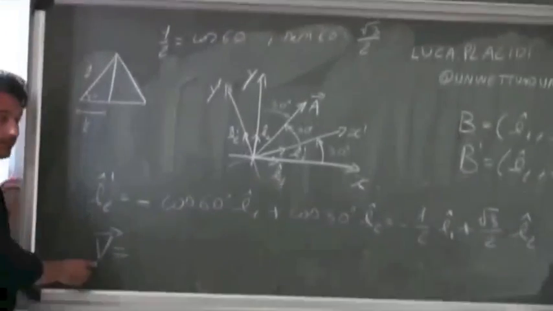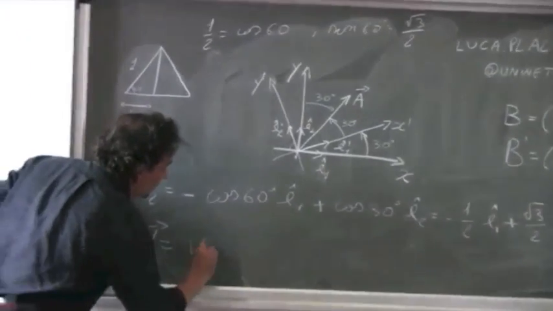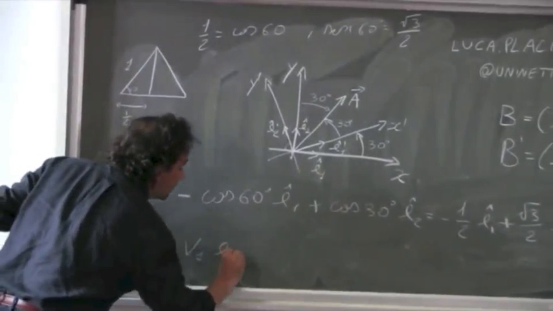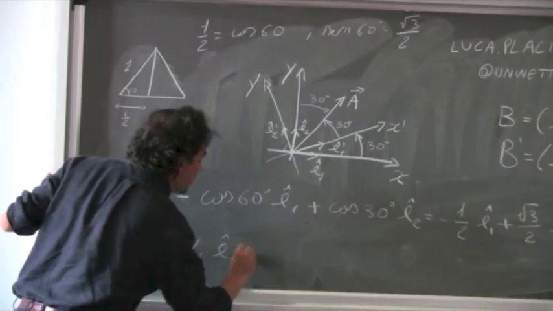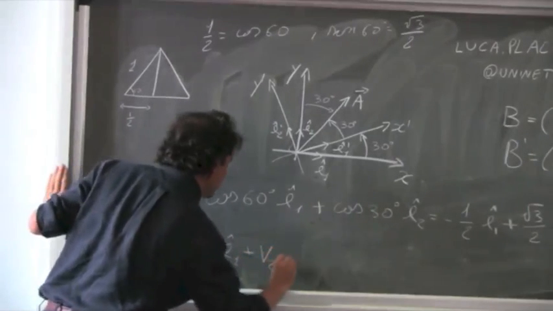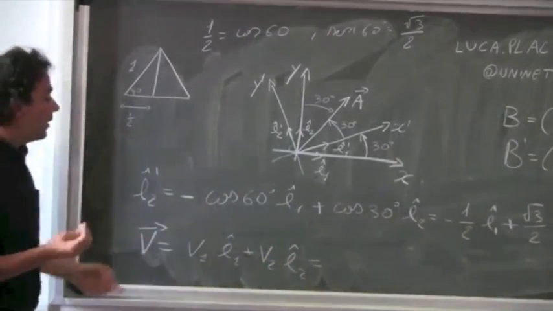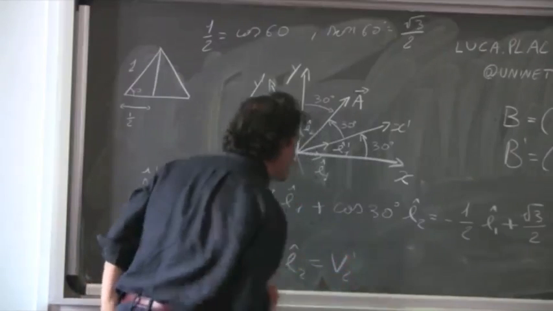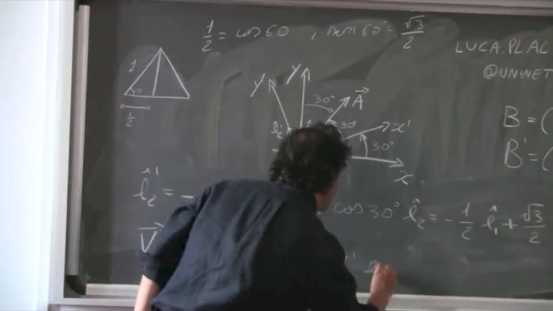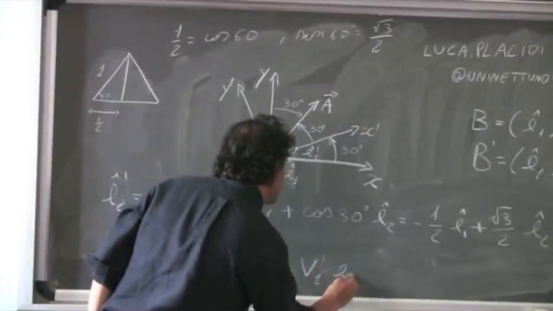Generally, one vector can be represented with a certain value on the first basis, or another possibility is to choose the second basis.